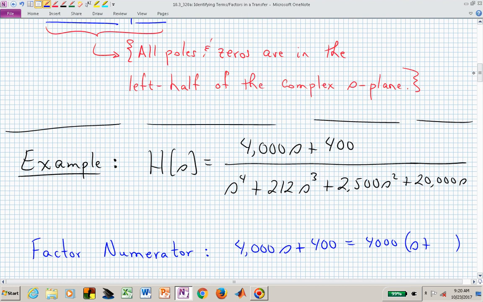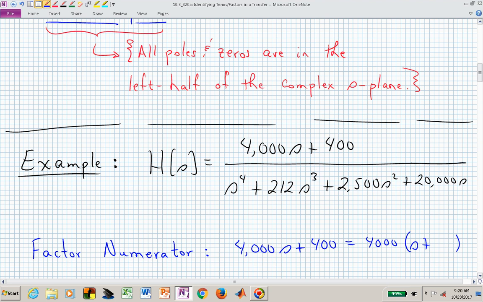To find the zeros, we need to factor the numerator, and the easiest way to factor that is to pull out or extract the coefficient of the highest power of s. In this case, that's 4,000.